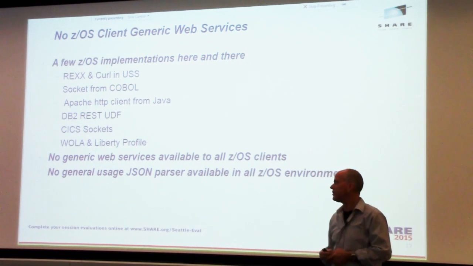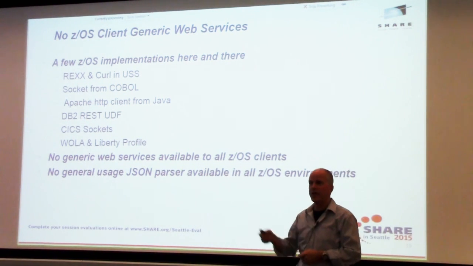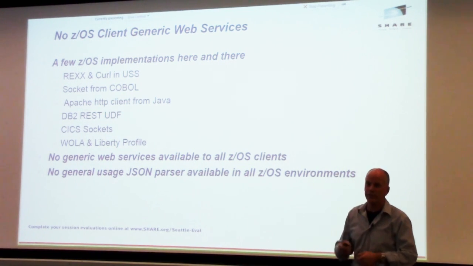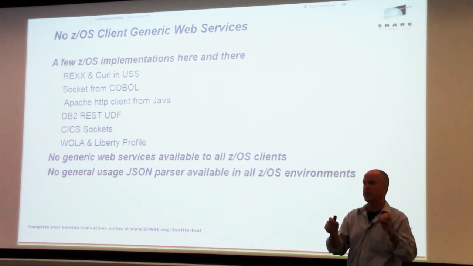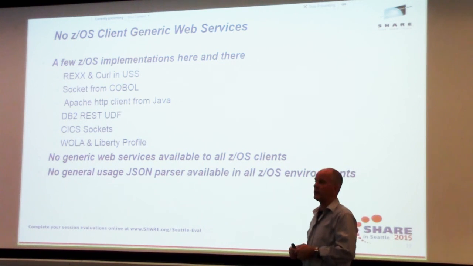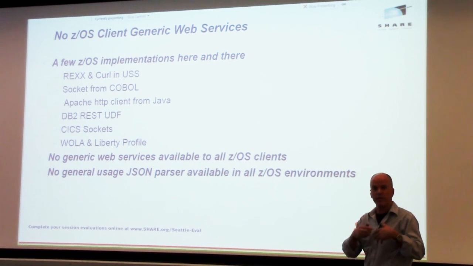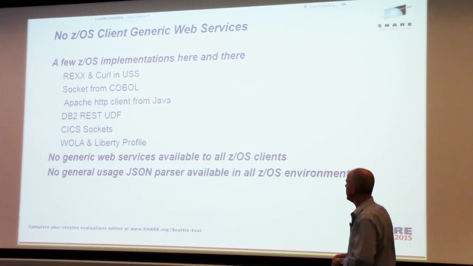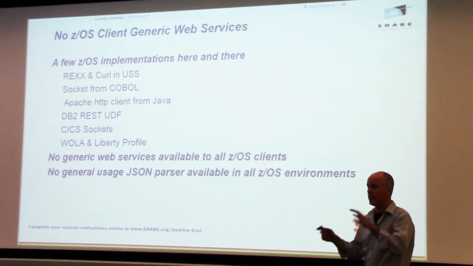That was very interesting, going through Java to Apache and making an HTTP call. DB2 has some things, CICS has things, WAS has facilities. A lot of different areas within IBM have separate solutions to the web services communication problem. Now we have a generic web service facility available to everybody running on Z with the z/OS quality of service, etc. So now there is a general usage JSON parser available in all environments.